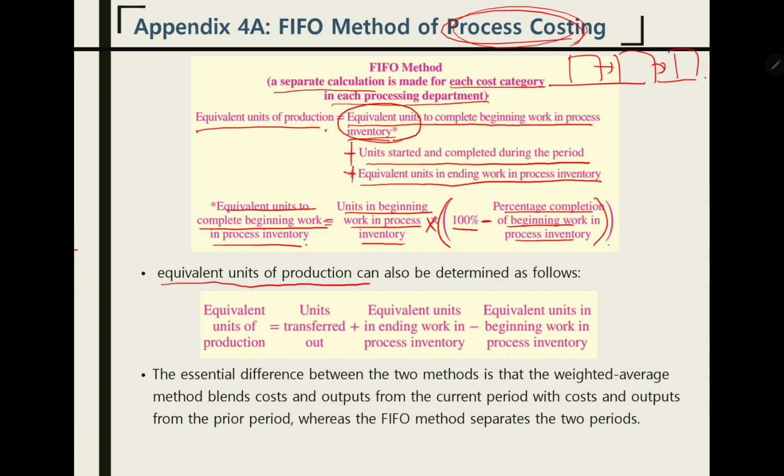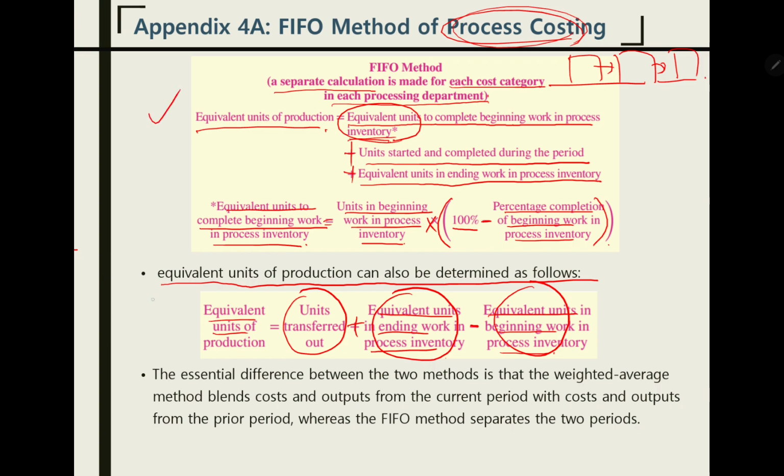So equivalent units of production can also be determined as follows. Equivalent units equals units transferred out plus equivalent units of ending work in process inventory minus equivalent units in beginning work in process inventory. So either way, we can compute the equivalent units of production under the FIFO method.